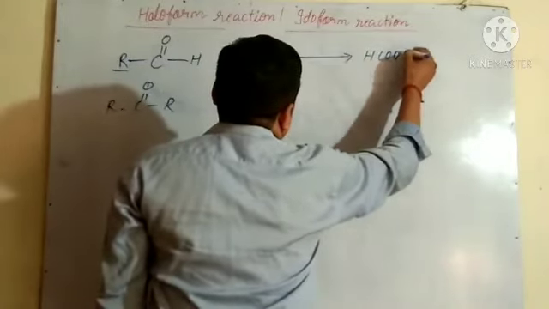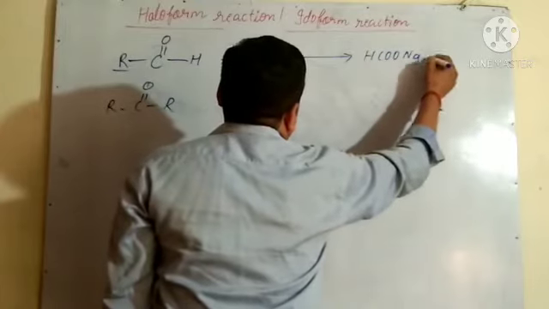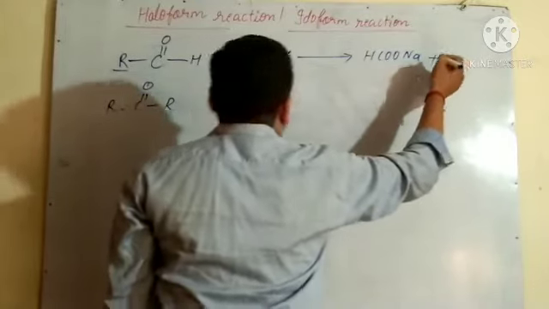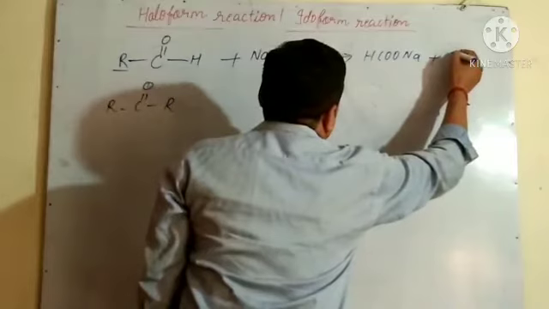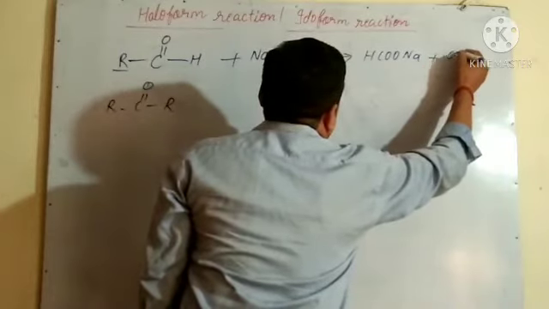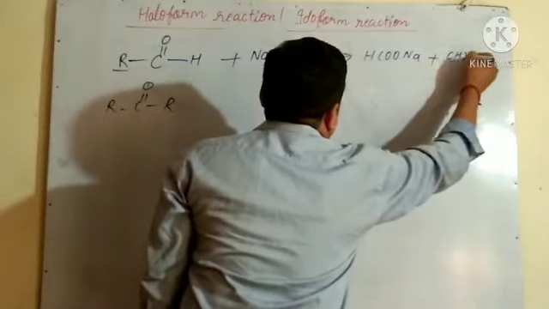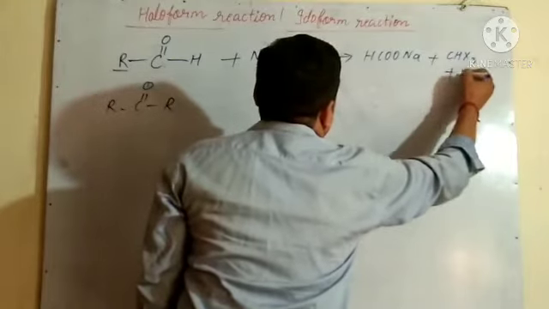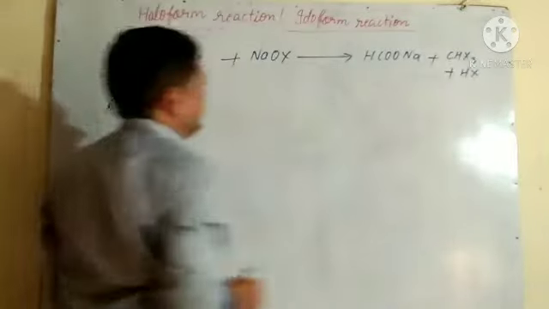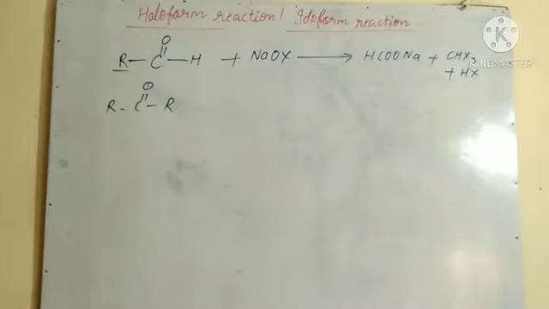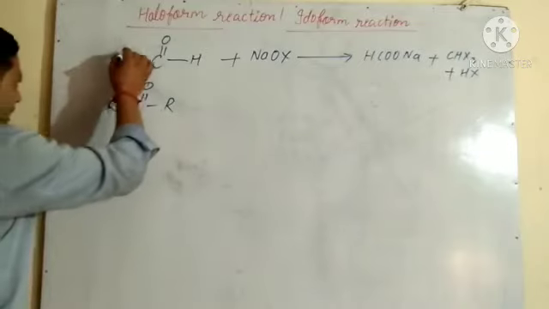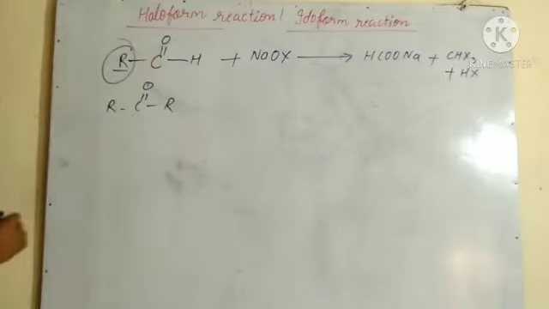One of them is oxidized and the other one forms this and HX. Okay students, so you might have understood which type of compound gives haloform reaction or iodoform test.